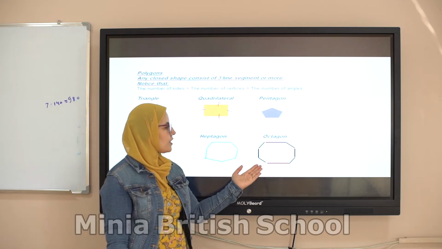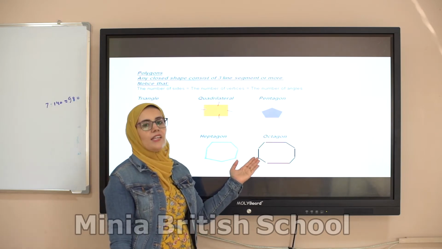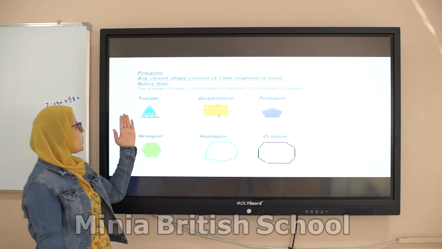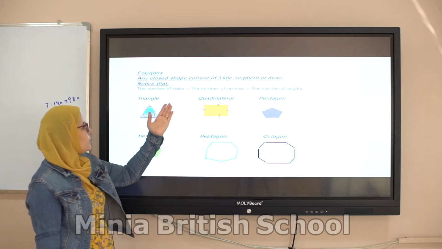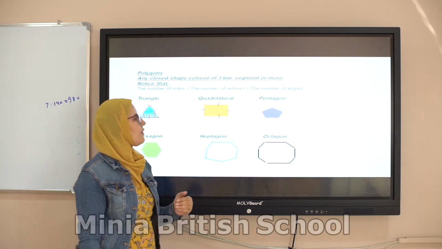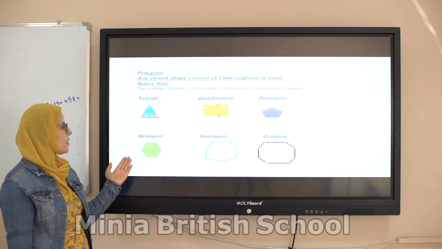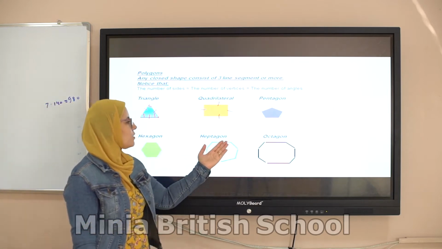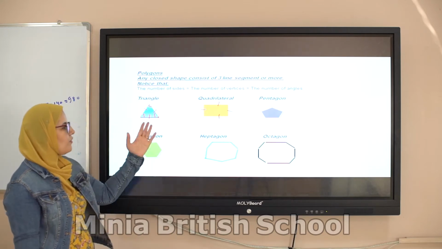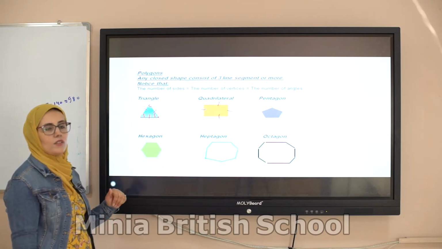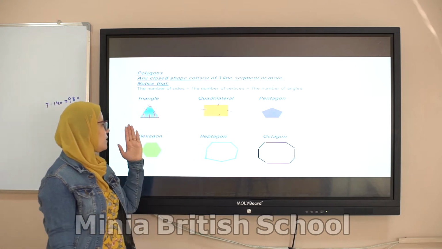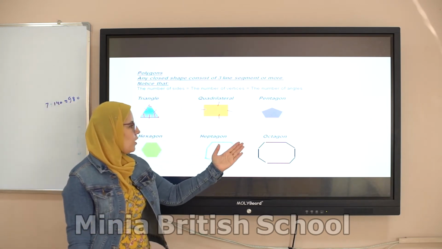Octagon consists of 8 angles, 8 vertices, 8 sides. So 3 triangle, 4 quadrilateral, 5 pentagon, 6 hexagon, 7 heptagon, 8 octagon. We have here 6 types: triangle, quadrilateral, pentagon, hexagon, heptagon, octagon.